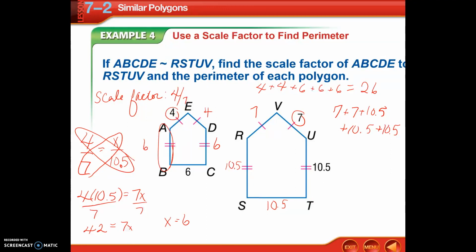So 45.5. And that should reduce down to the same as 4/7. Right, so that is our lesson on similar polygons.